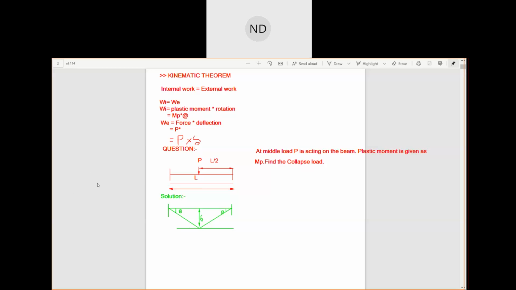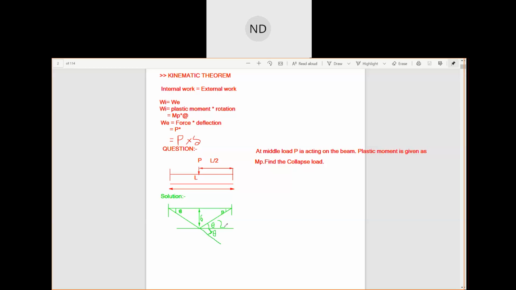So we will have this angle, this also can be theta. Here also you will have this angle, this also you can take to be theta.